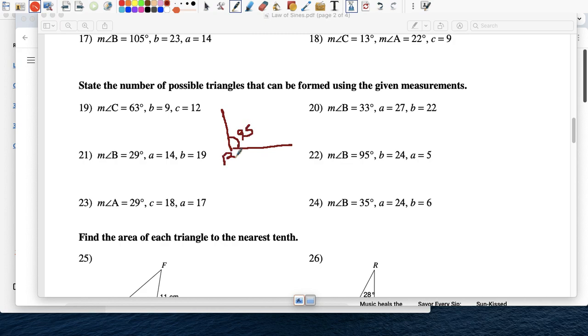This is angle B. And then there's this little stick here, and little b is 24, and this guy here is just 5. So let's measure this height. The height is going to be 5 times sine of 95. That's going to be 4.8.